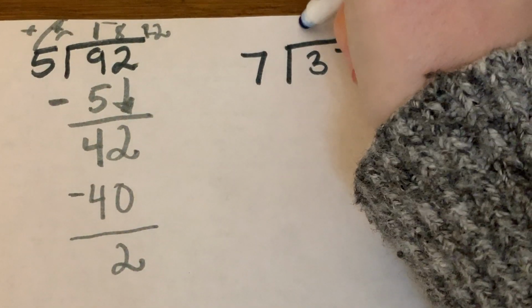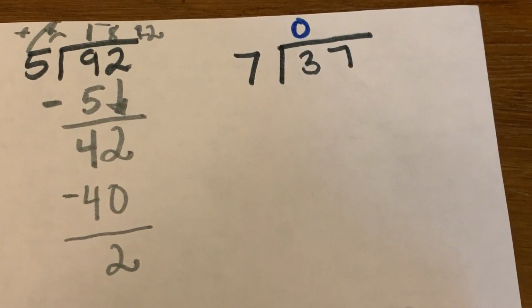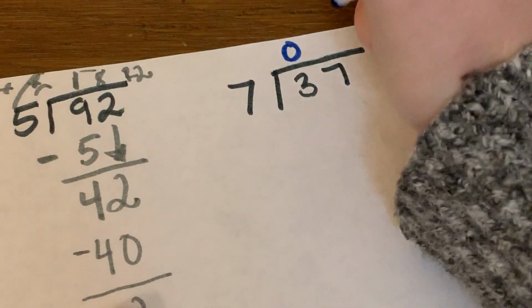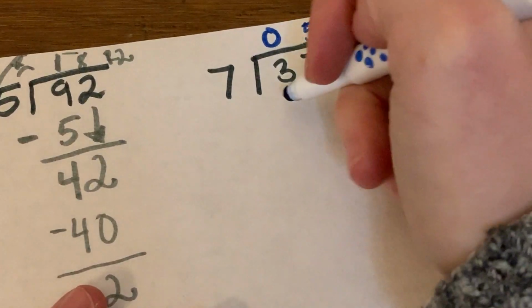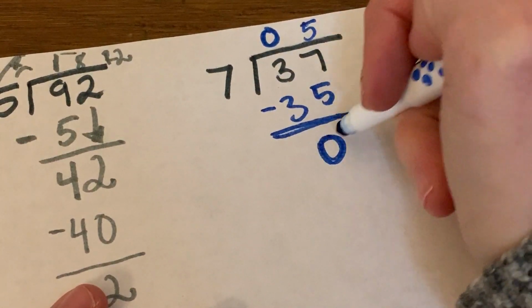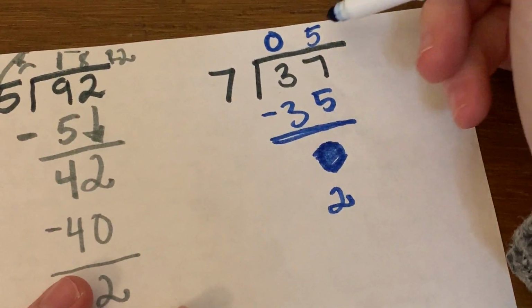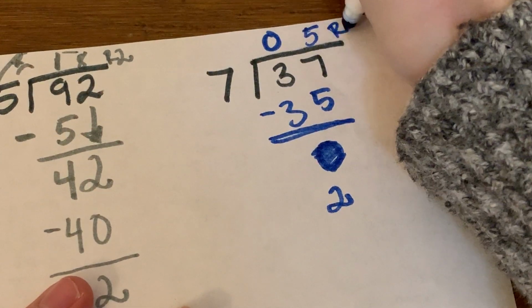So we're going to put a 0 there, and we're going to move over. 7 times what gets me as close to 37 as possible? Well, 7 times 5 is 35. So I'm going to put my 5 here. I'm going to subtract 35, and I get 2. So now I have 5 remainder 2.